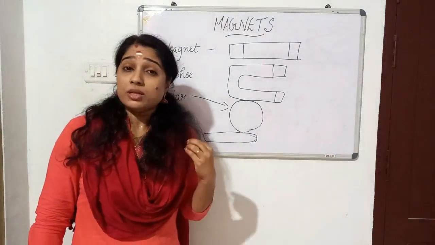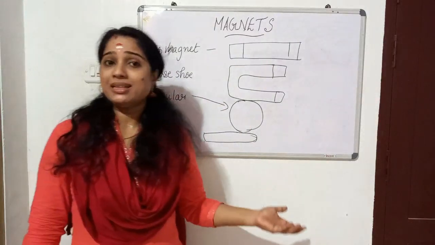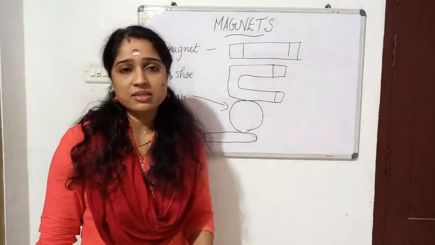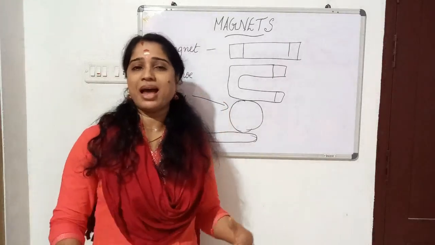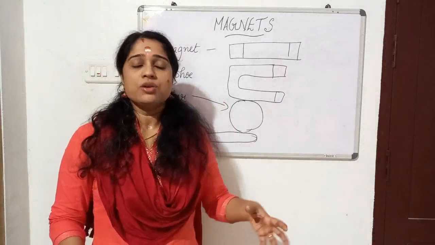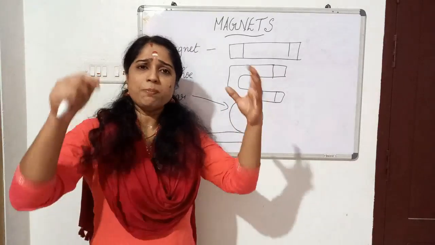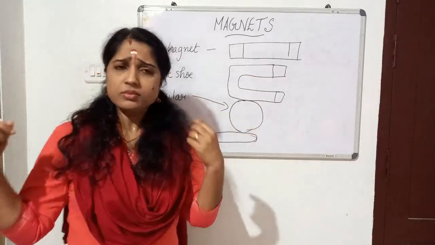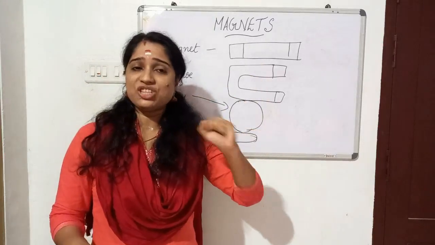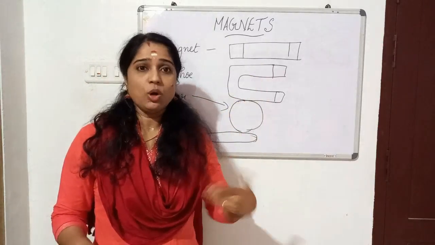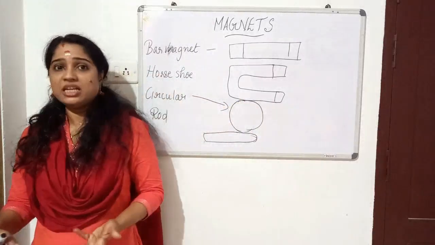So for different purposes we are using the magnet. For example, we are using the magnet in the televisions, refrigerators and for separating the iron objects from the waste materials or from the rag, waste. For separating big iron, iron gets rust very easily. So it is difficult for people to touch the iron with the bare hand because they may get tetanus infection.